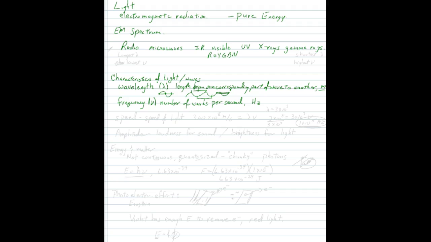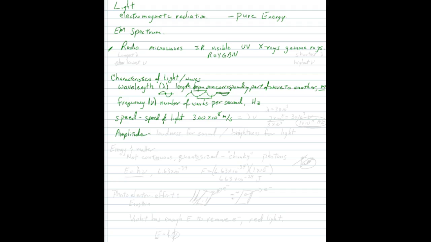Another characteristic of all waves is speed. If you're talking about electromagnetic radiation, all of the radio waves through gamma rays travel at the speed of light, which in a vacuum is 3 × 10⁸ meters per second. So that is speed. The fourth characteristic of light is amplitude.